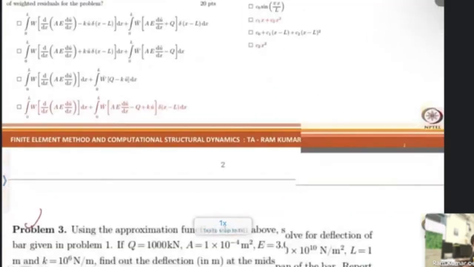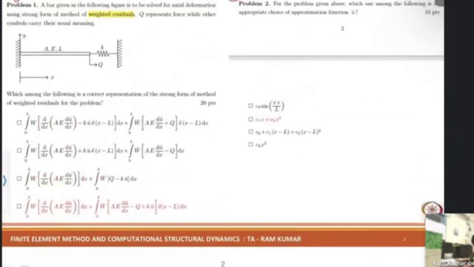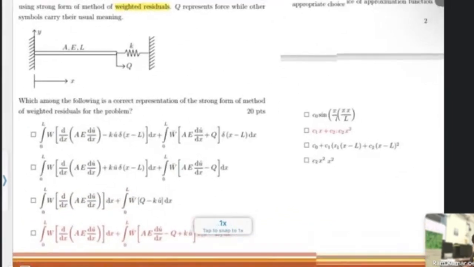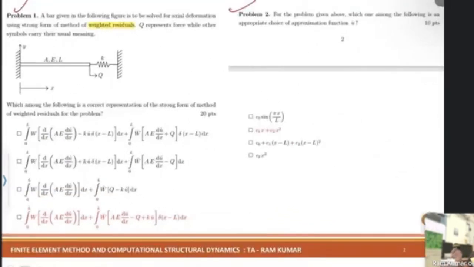Which among the following is the correct representation of the strong form of the method of weighted residual form of the problem? That we have to find. So how are we going to solve this? First problem.